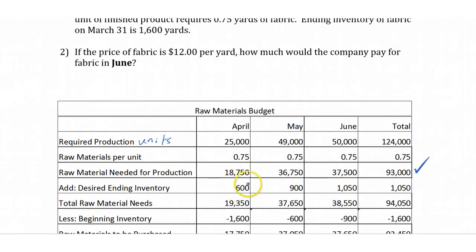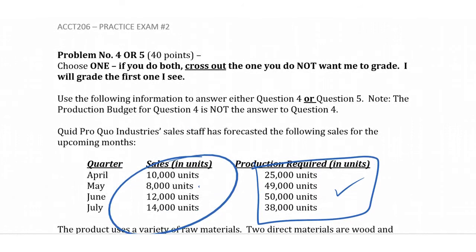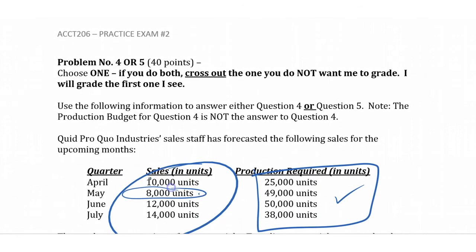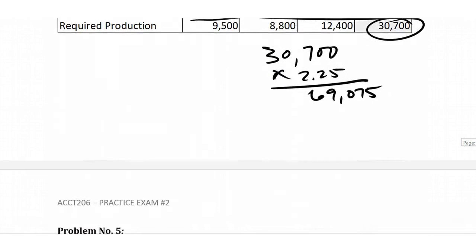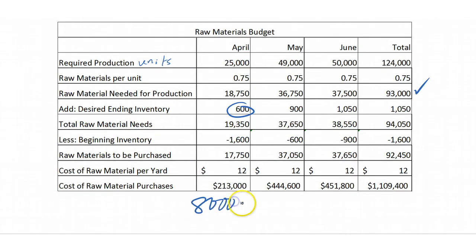So where did I come up with the 600? Well, our sales in May, let's scroll up again, our sales in May are 8,000 units. So 8,000 units is what we're going to sell.